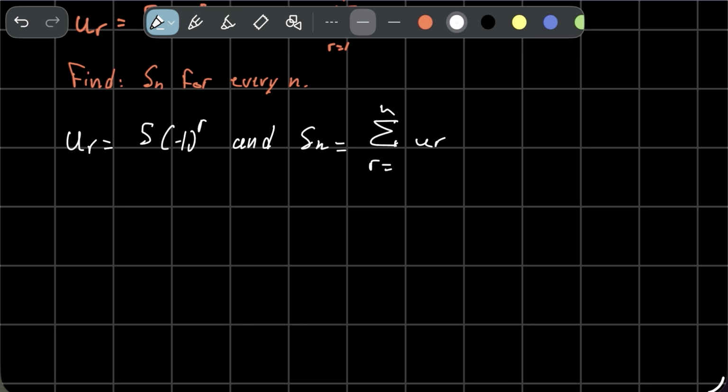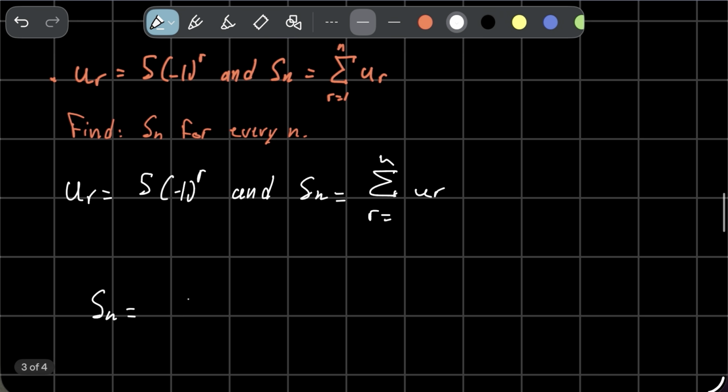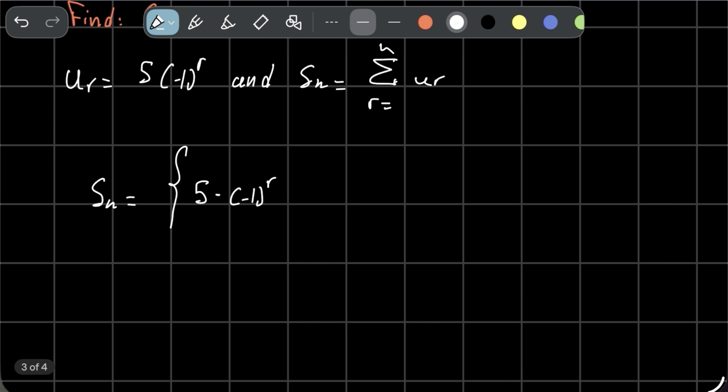Okay, u_r equals 5 times (-1)^r. Now what if r is odd? As we said, it will be -1.